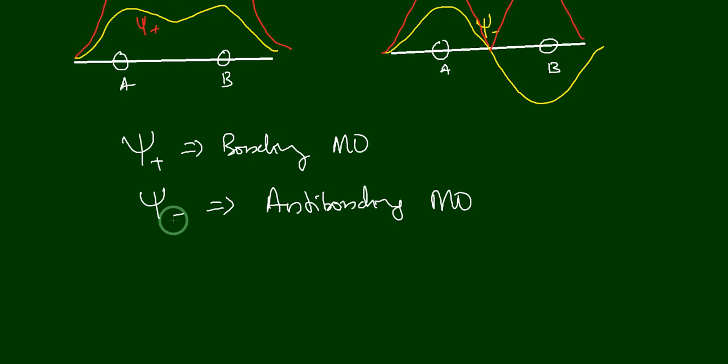So you have two molecular orbitals, psi plus and psi minus. If you are giving too much energy, then the electron can jump to the psi minus. If it is jumping to the psi minus, then the dissociation will definitely take place, and the system will go unstable.